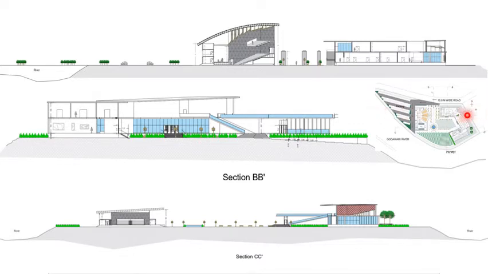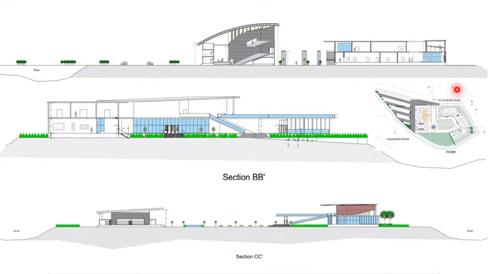Section AA is a cut showing the auditorium block, the art gallery block, the museum block, and a little of the projection facility area. It is also showing the main entrance and parking area.